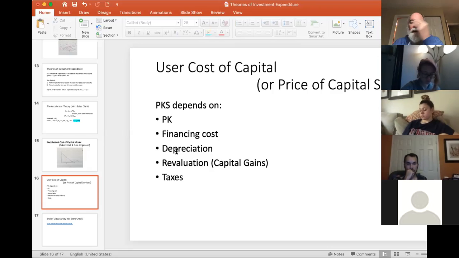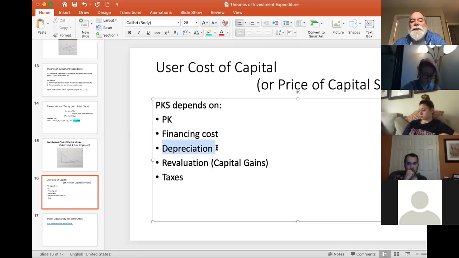So it's the difference between the capital that you have and the price that it will go for in the market. Yes. So let me say it a little bit differently. Depreciation is specific to your truck.